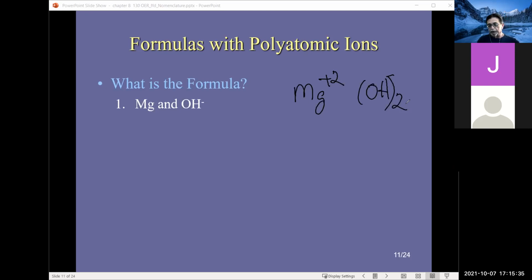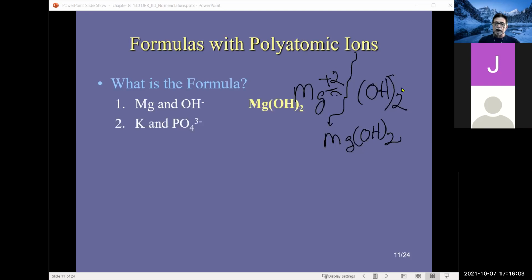Because that's what's going to happen here. So I very quickly put them together. Now, a reminder here. Once you put them together, don't bring along the charges, okay? I put the charges out here when they're separated, so I know how much of each to put together. Once I put them together, you leave the charges off, okay? All right, so that is the formula for magnesium hydroxide.